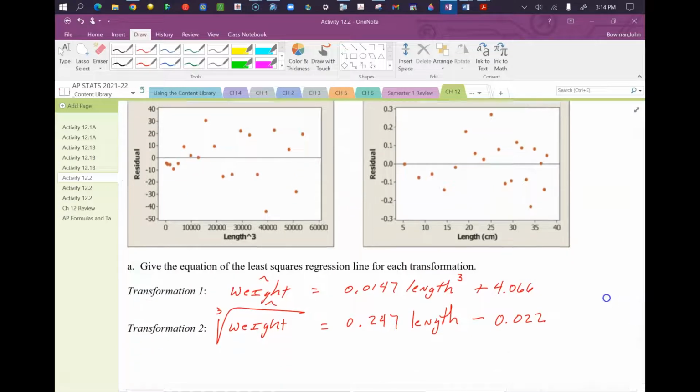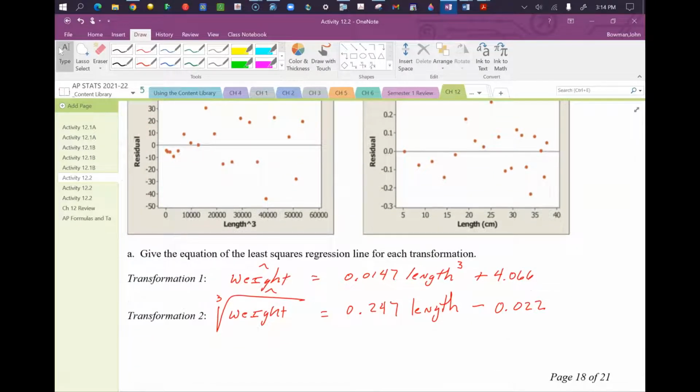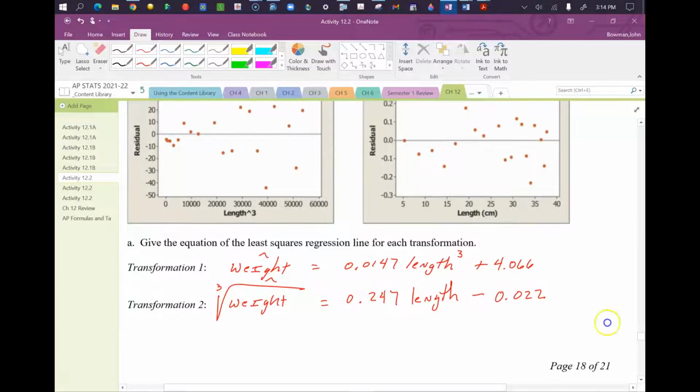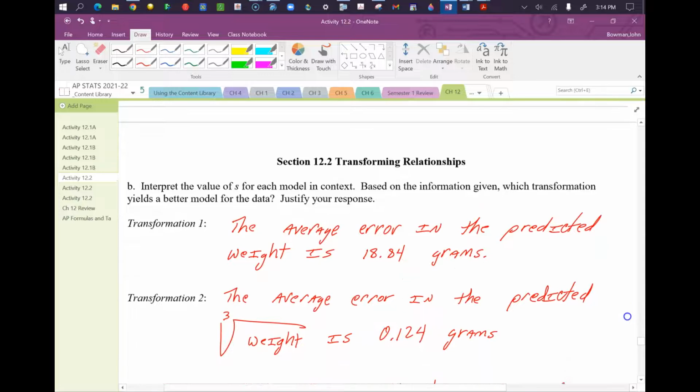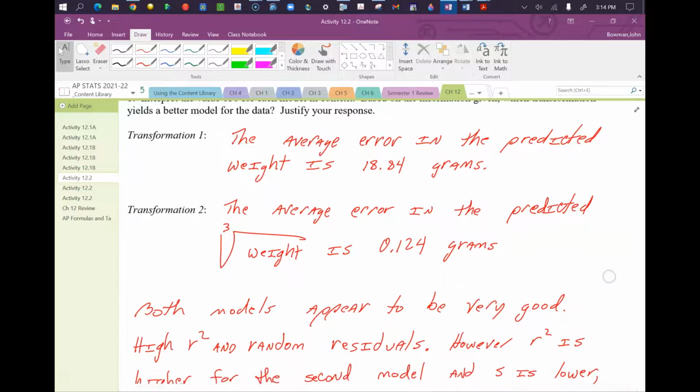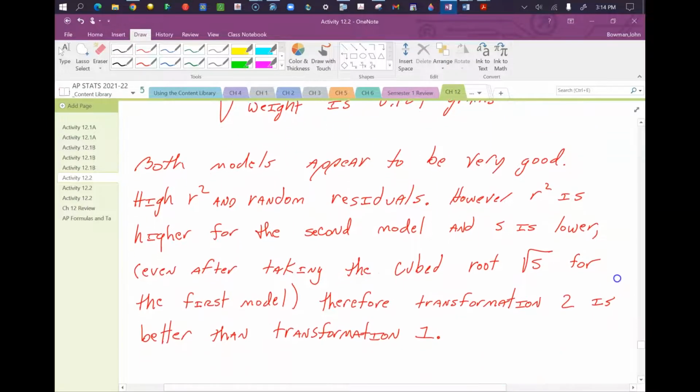Remember, you should be able to find the least squares regression lines for the transformed data off the computer output. Make sure you pay attention to using the length cubed in transformation 1 and the cube root of the weight in transformation 2. And then be able to justify which model is the best. In this case, both models appear to be very good.